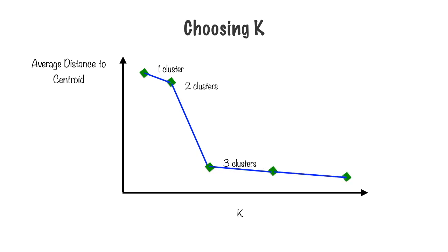At every step, plot the average distance of every point from the center of the cluster to which that point belongs. And you'll probably end up with a line which looks like what you see on screen. There will be some value for number of clusters where you'll find that the average reconstruction error will suddenly drop. This is the elbow, and you'll typically choose your number of clusters at this elbow. Here, k should be equal to 3.